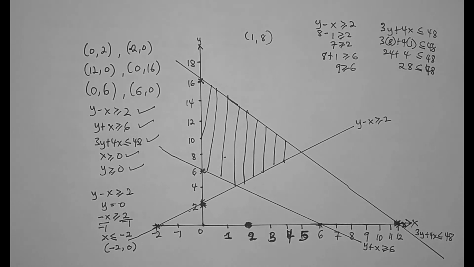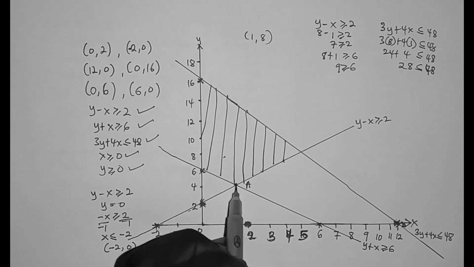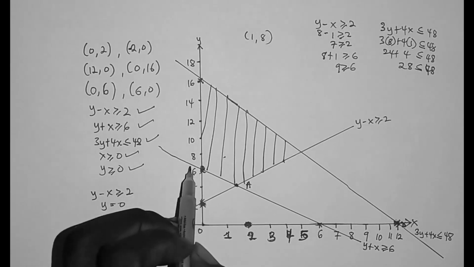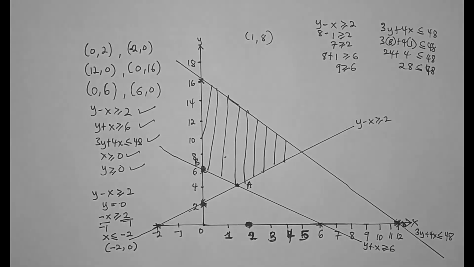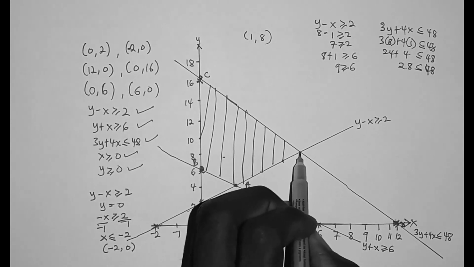So let's go ahead and find the maximum value of x and y and also the coordinates. I'm representing it as a. So we have these points which bound the region. This is a, this point is b, then this one is c, and then this is d.